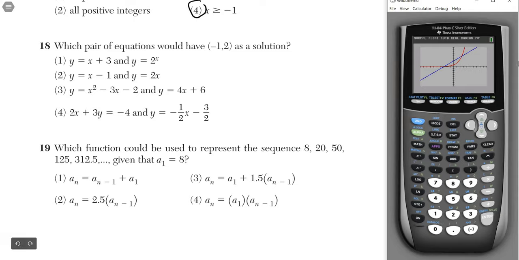Well, let's see. Calc intersect. So let's make our guess near -1, near when x is -1, because that's really the area that we're interested in. Enter. So no. That point of intersection is not at -1, 2. This is -2.8. So this is too far. -1 would be like over here. There's no point of intersection there. So choice 1 is not a solution.